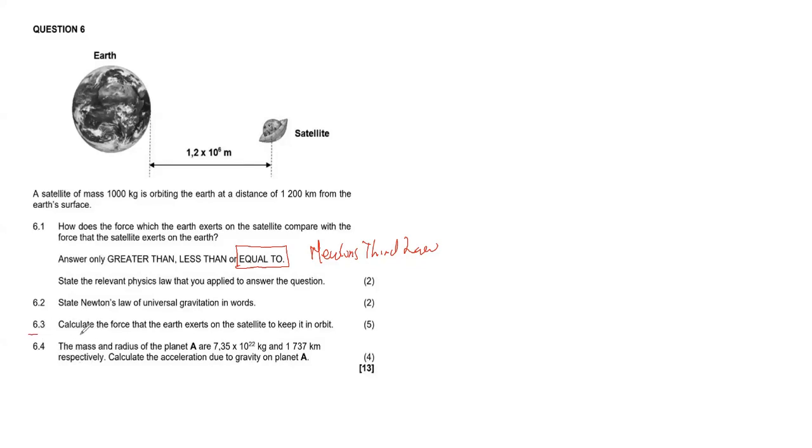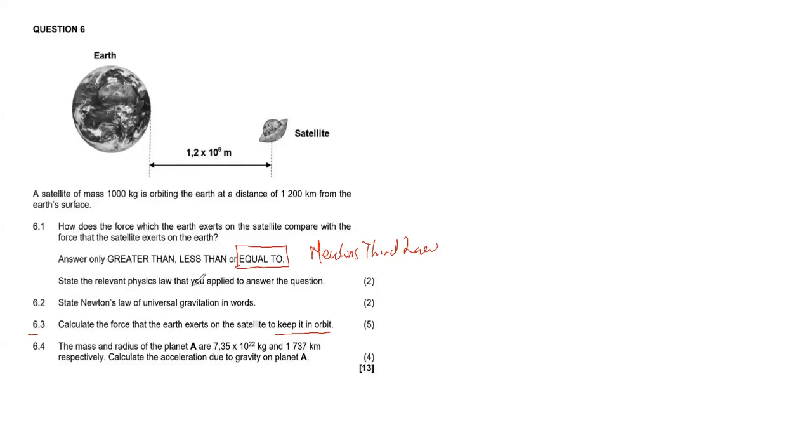6.3 says calculate the force that the Earth exerts on the satellite to keep it in orbit, right? To keep it in orbit. Now, if you can look at this diagram, we can see that we are given the distance from the center of the satellite all the way to the surface of the Earth, right?